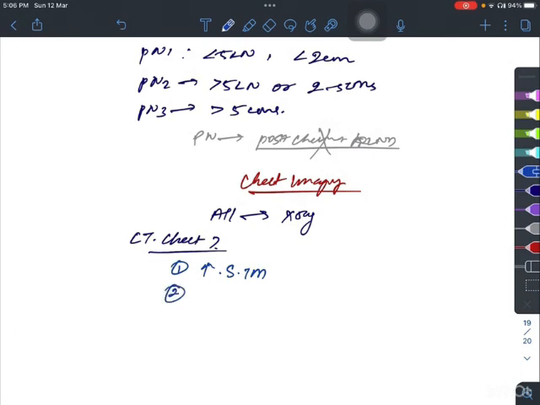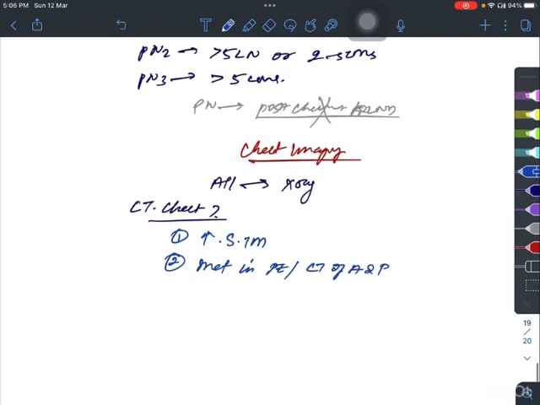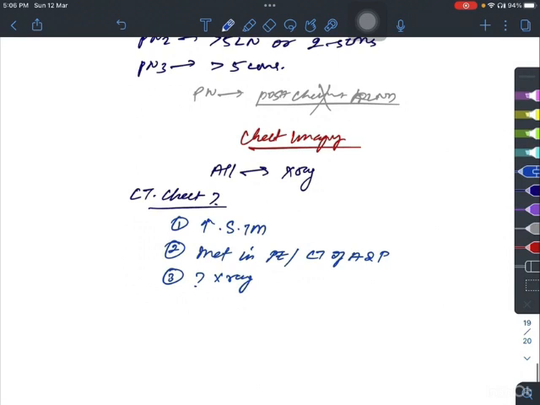If there is any identification of metastasis in physical examination or CT of abdomen and pelvis, we can go for chest CT. If there is any suspicious lesion in the chest X-ray, we can also go for chest CT. And when the patient has lymphovascular involvement or embryonal carcinoma status in the biopsy, we can also go for CT chest.